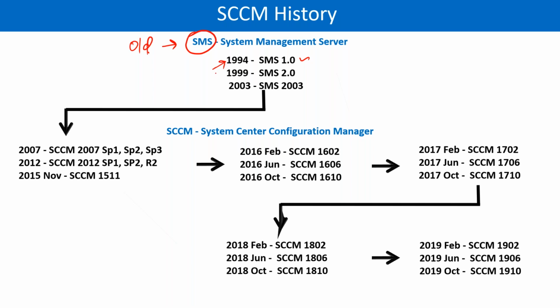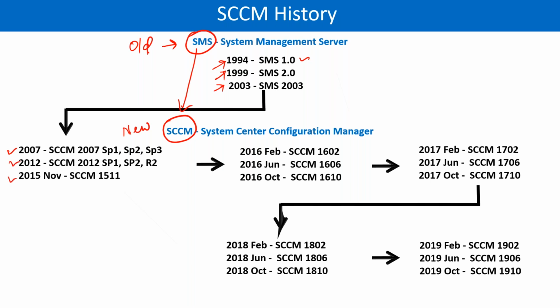So Microsoft released SMS 2.0 in the year 1999, then SMS 2003 in the year 2003. And then they changed the name from SMS to SCCM, System Center Configuration Manager. This one is changed in the year 2007, and they released SCCM 2007, then SCCM 2012.